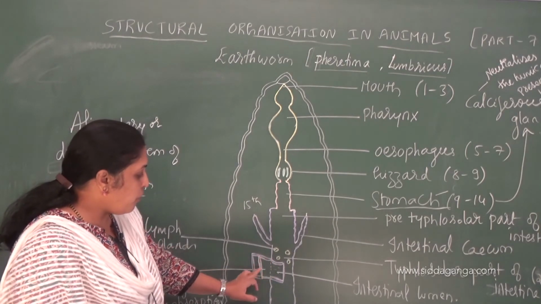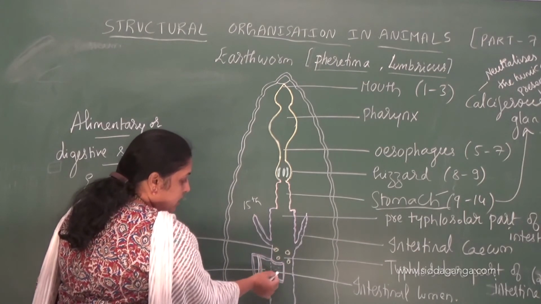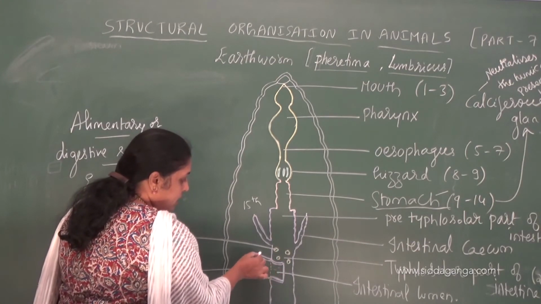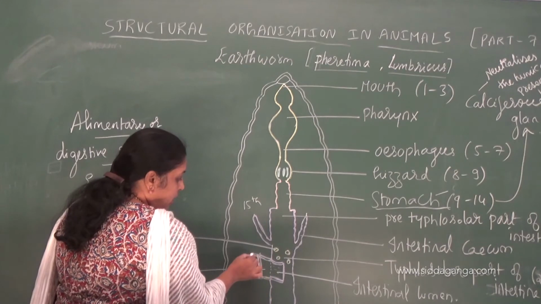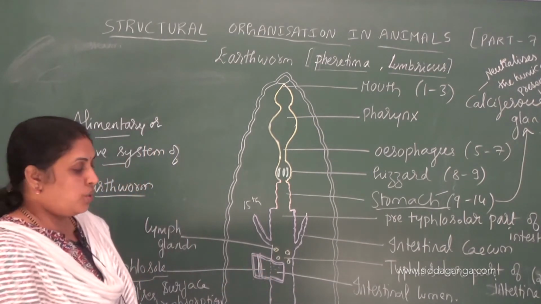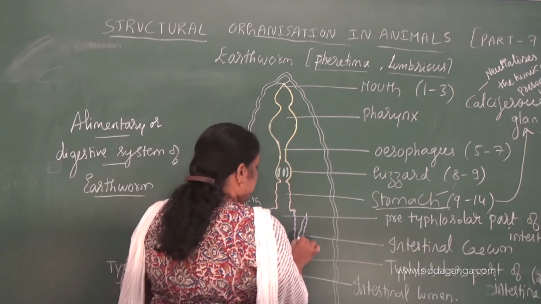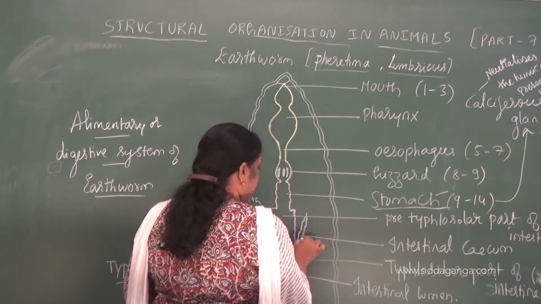See, this is the typhlosole with internal foldings. They cut and showed this part. This is the intestinal lumen and these are the typhlosolar foldings. Understood?